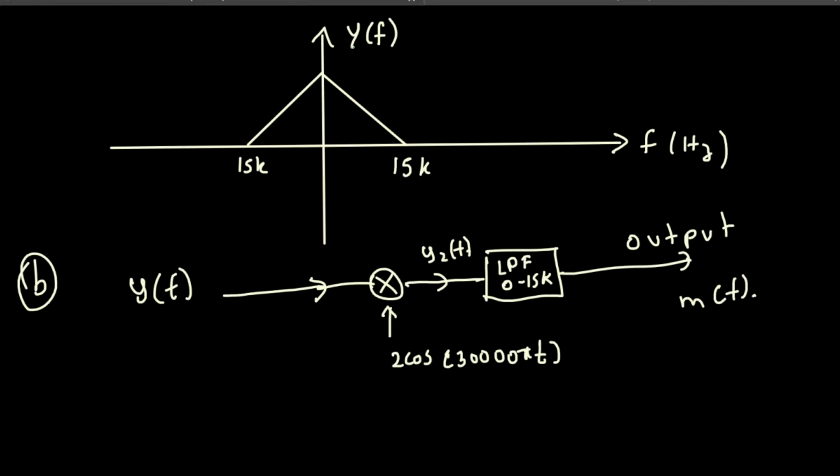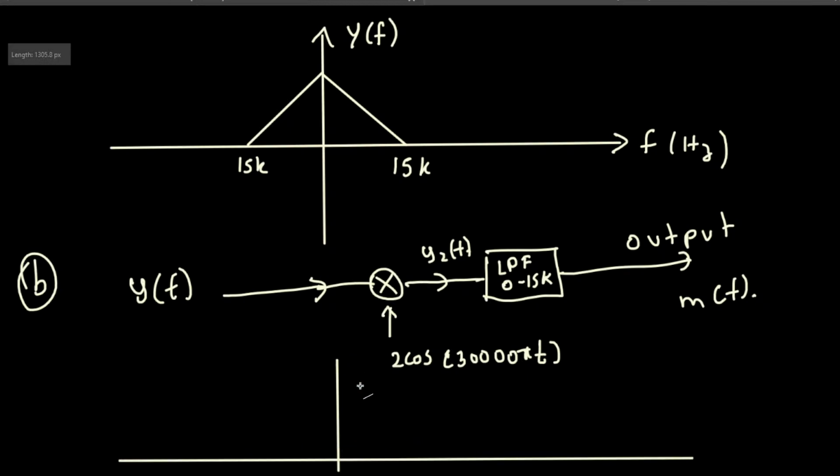Initially we have this one, and if we go through this, then the shape of y2 of t in the frequency domain, that's y2 of f, is going to be this one shifted 15k left and right. So the triangle is shifted 15k, and it appears like this, doubled, left and right.